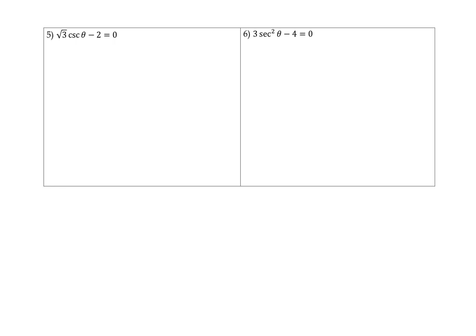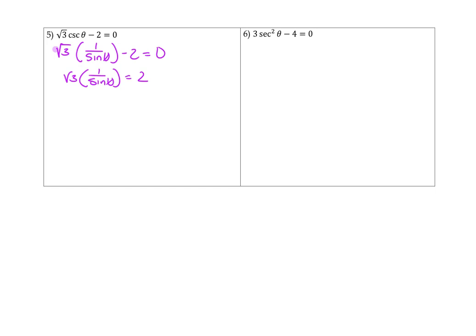Okay, so now I've got a cosecant. So do things a little bit different. I am going to exchange that cosecant for 1 over sine theta. So the first thing we're going to do is get rid of that subtraction, and we're going to add that 2. So root 3 times 1 over sine theta equals 2.